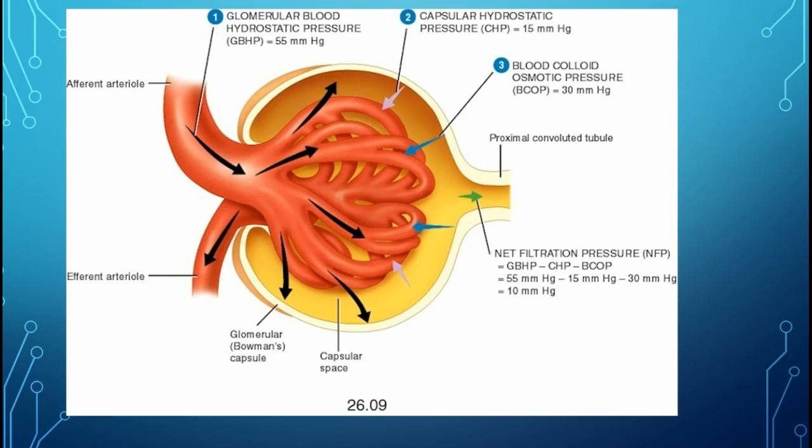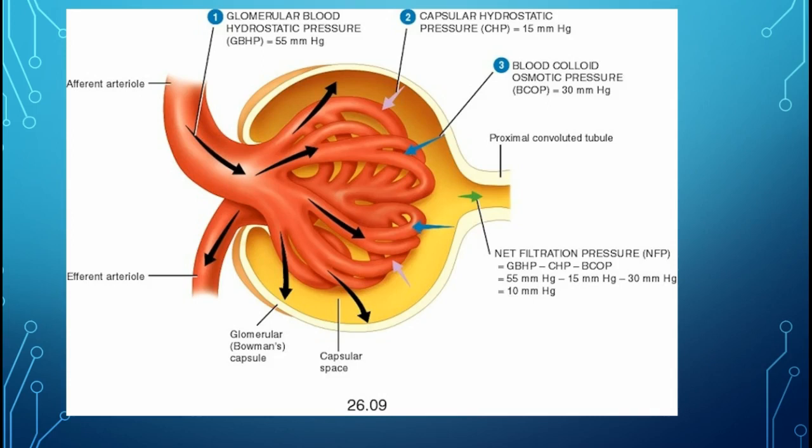So some good facts to remember here is that at any given time 20% of the total blood volume is filtered each minute. The rest of the 80% is not filtered, and the things that are filtered, again, are water, nitrogenous waste, and various nutrients.